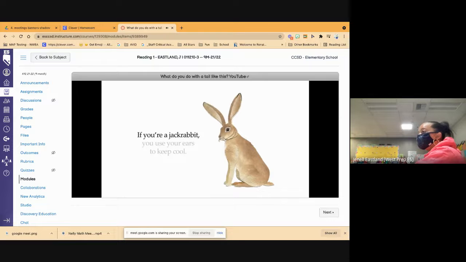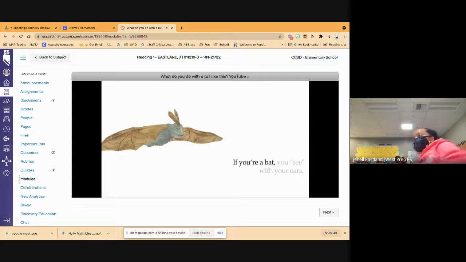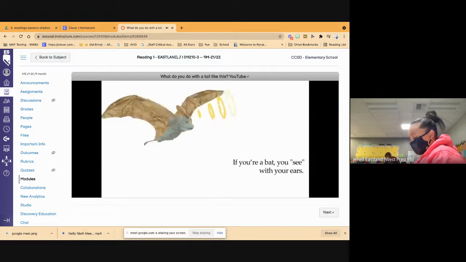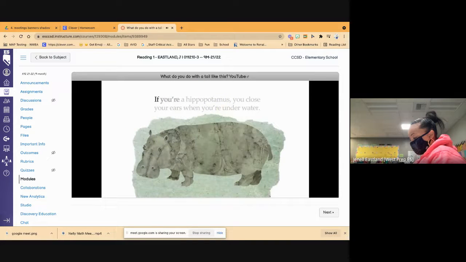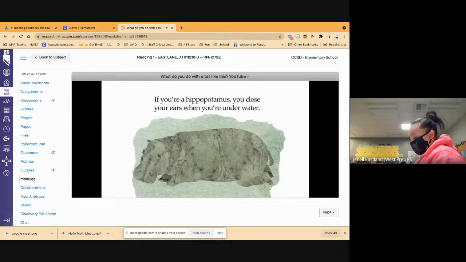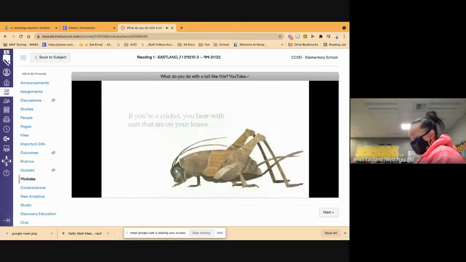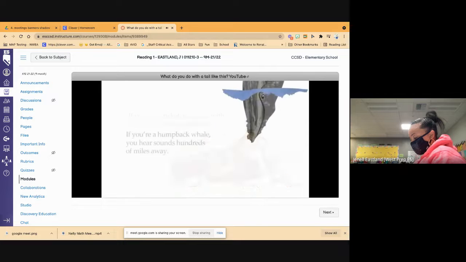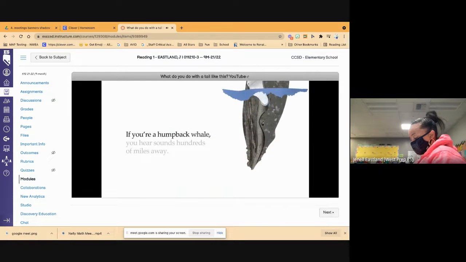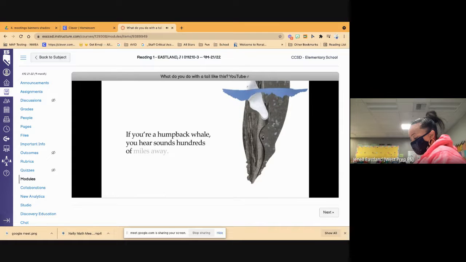If you're a jackrabbit, you use your ears to keep cool. If you're a bat, you see with your ears. If you're a hippopotamus, you close your ears when you're underwater. If you're a cricket, you hear with ears that are on your knees. If you're a humpback whale, you hear sounds hundreds of miles away.